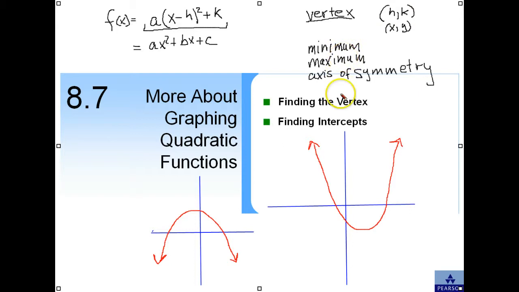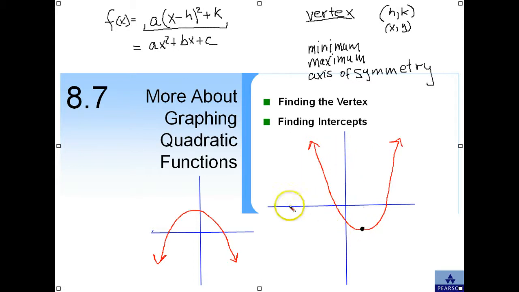If A is positive once again, it opens toward the top, and the vertex is right there. It's the lowest point of the parabola, so that would be called the minimum. Okay? If A is positive, the vertex is the minimum.